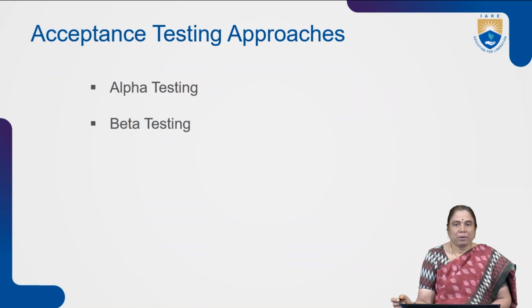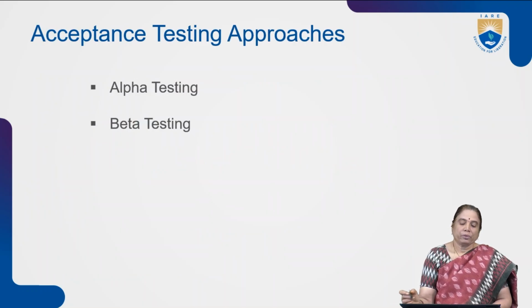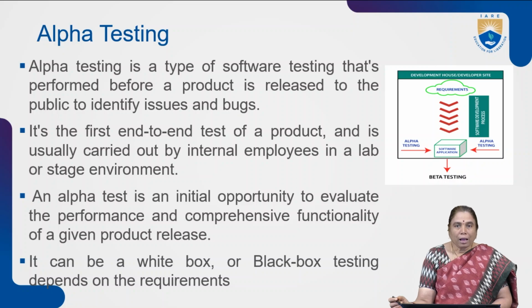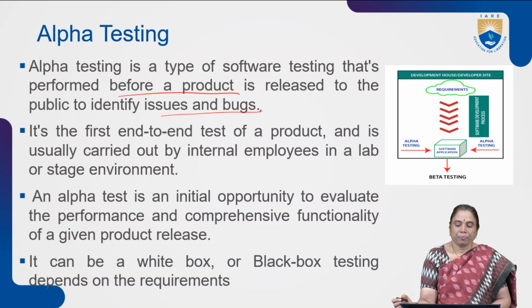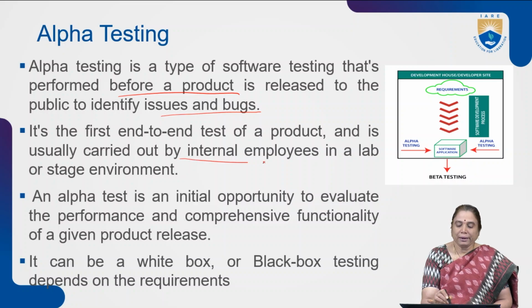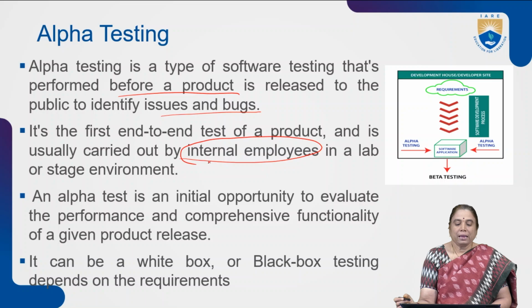Acceptance testing can be performed with two approaches. One is alpha testing, the second one is beta testing. Alpha testing is a type of software testing performed before a product is released to the public to identify issues and bugs. It is the first end-to-end test of a product and is usually carried out by internal employees in a lab or staging environment.